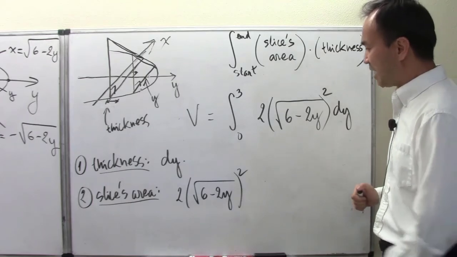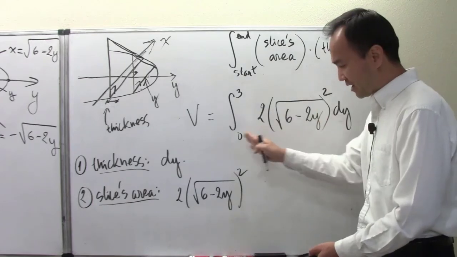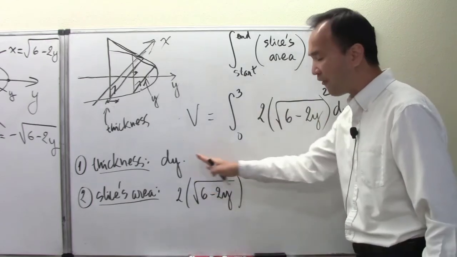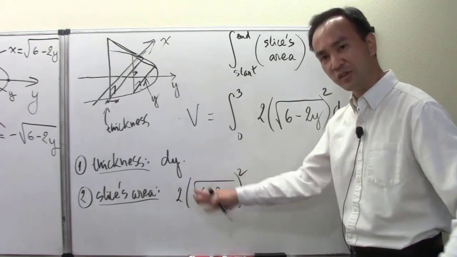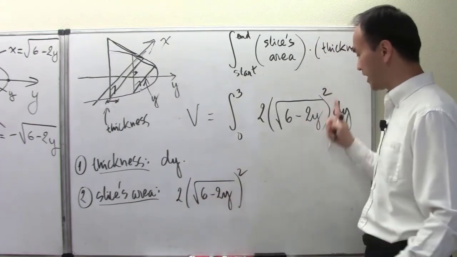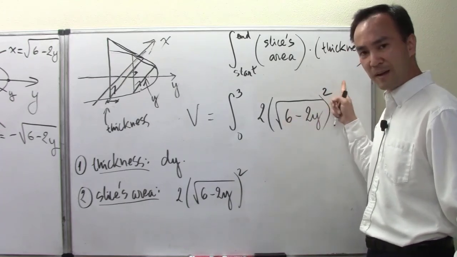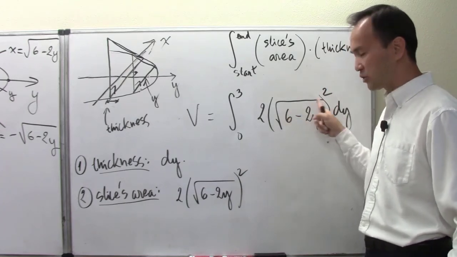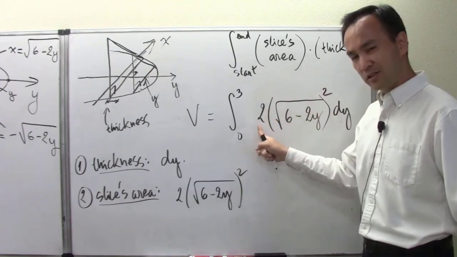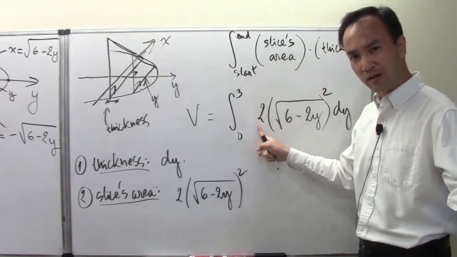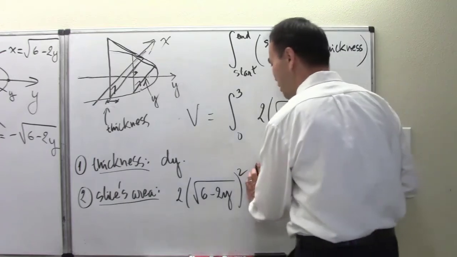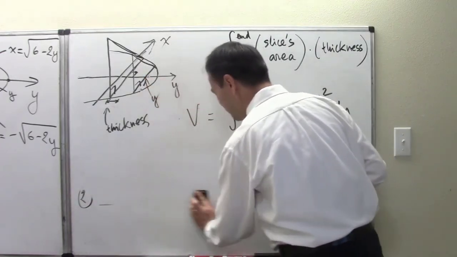All right, but now I'm going to use a little bit of algebra. Instead of doing that here, I just want to show the final putting together of the slice area. But now we can take advantage of some algebra. The square power will cancel with the square root. And that 2 here, all of a sudden we realize, is a constant coefficient. So now allow me to erase this.